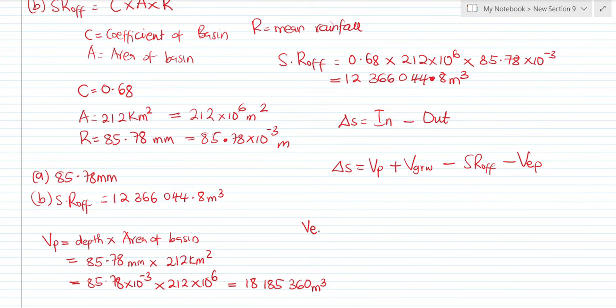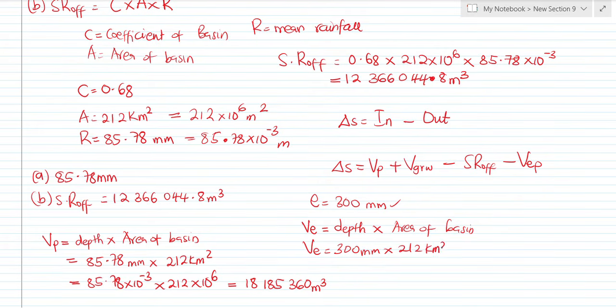Let's find the volume of evaporation. Now they give us the depth of evaporation, then we just multiply by the area of basin. The evaporation was 300 millimeters, right? So that is 300 millimeters times the area, 212 kilometers squared.